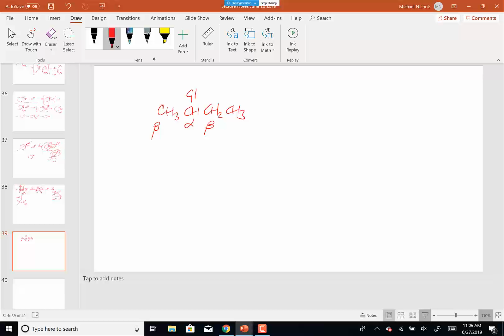Okay? So if I was going to do the mechanism, I would say, okay, let's break the carbon-chlorine bond, and I'm going to form my carbocation. Now, for each of the two beta carbons, let's call this beta carbon 1, and let's call this beta carbon 2, I'm going to show the H's. So I've got beta hydrogen 1 and beta hydrogen 2.